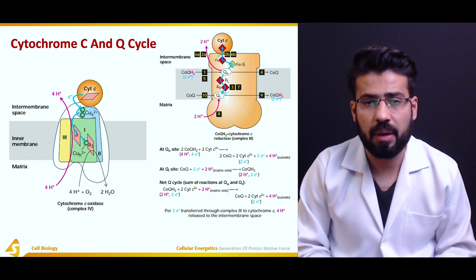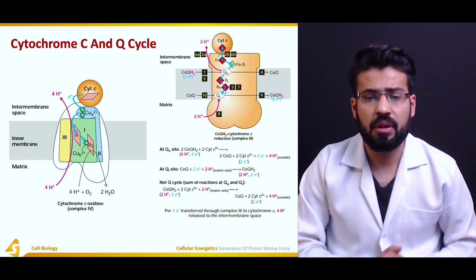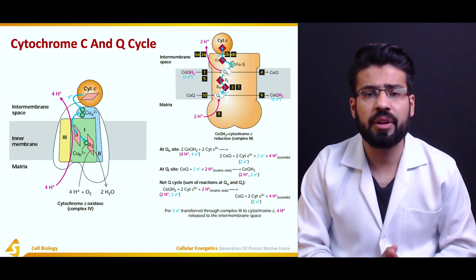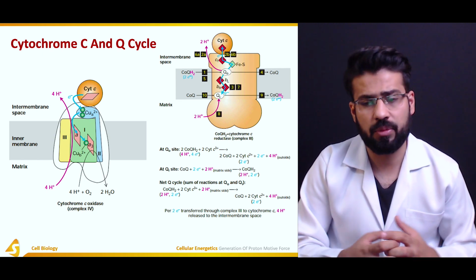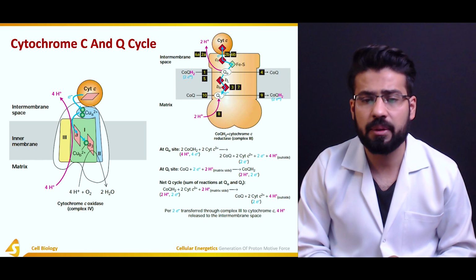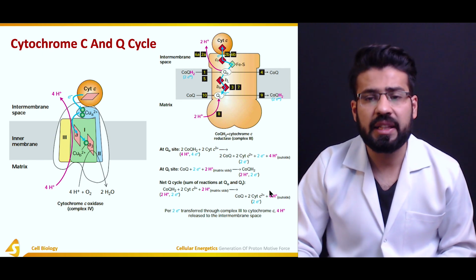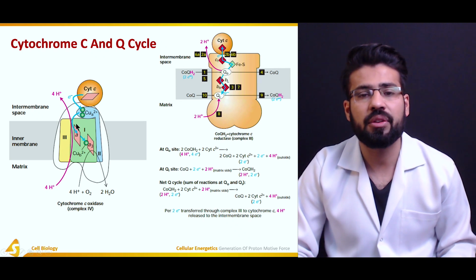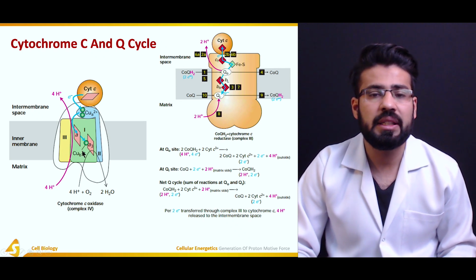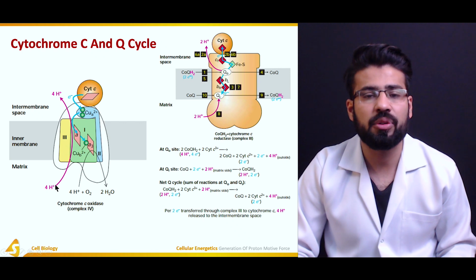So to summarize the Q cycle, the 2 electrons that are transferred result in the production of 4 protons that are released into the periplasmic intermembrane space. This can also be seen through this figure, where 2 electrons are being moved in from cytochrome c, and 4 protons are moved out.